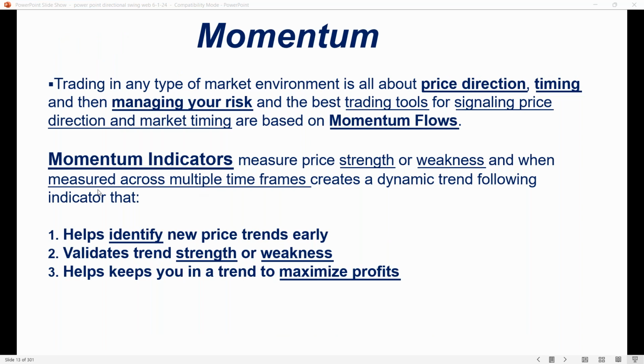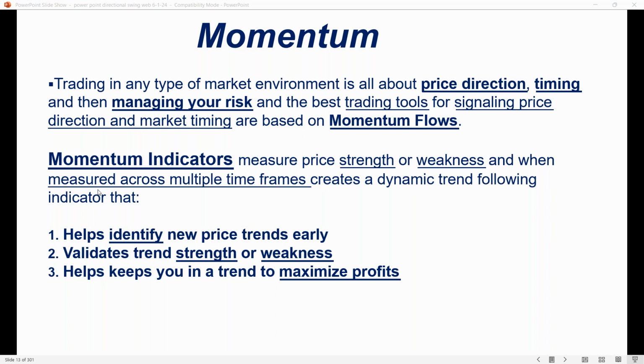Now, the first thing is momentum is so key. When we're trading any market environment, it really all comes down to price direction and timing, and then your risk management. The best trading tools for signaling price direction and market timing are based on momentum flows.